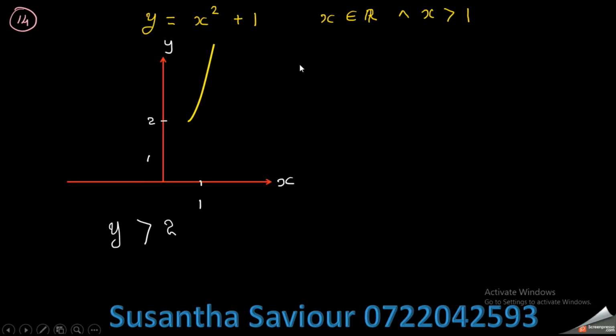In the examination, most of the time it's just write down or state the range of the function. So in that case you don't need any of these workings. What you need to give is a thing like this according to the situation, right? Maybe equality is there, maybe equality is not there. It's a 1 mark question.